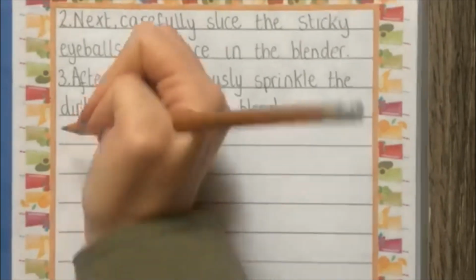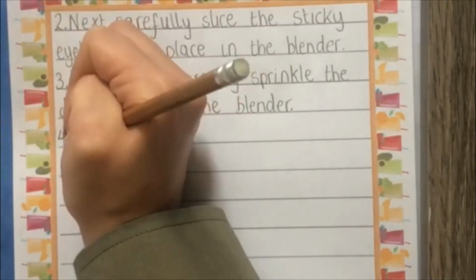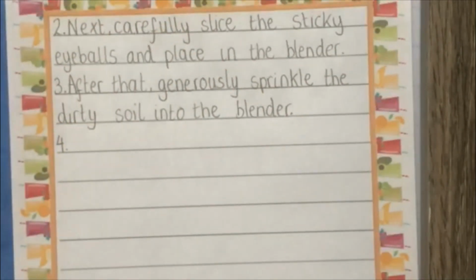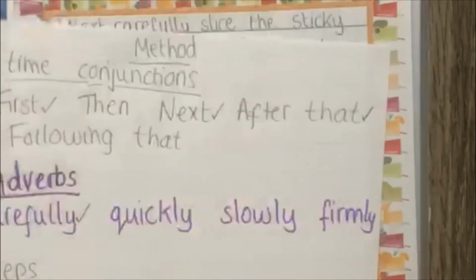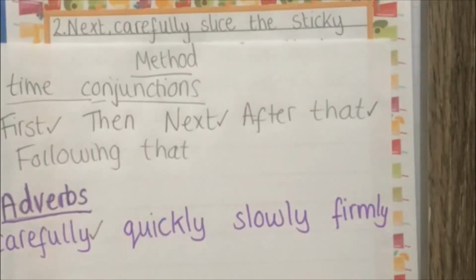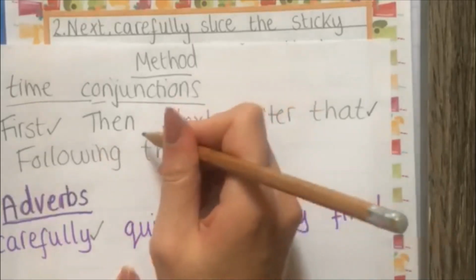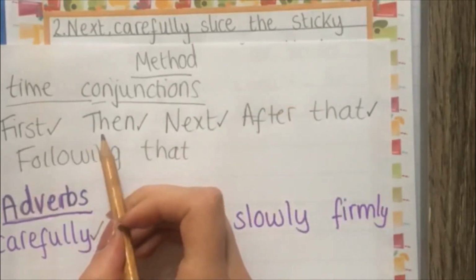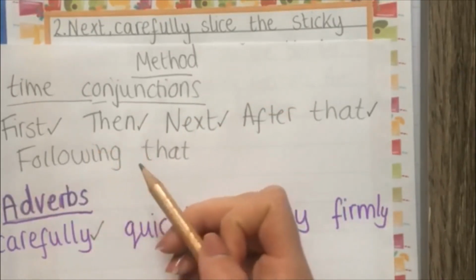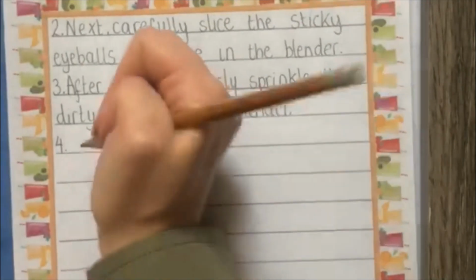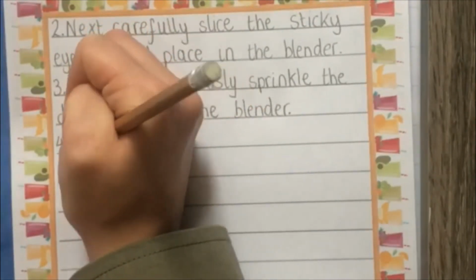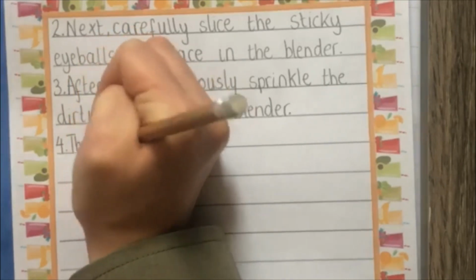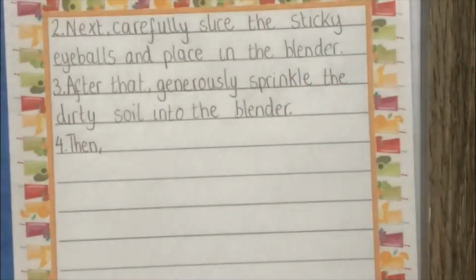Step number 4, which is our last step for today. I need to think, what time conjunction am I going to pick? Which ones do I have left? I'm going to pick then. Then has got my sound at the start. So I'm going to write that capital letter N. Then what should I do next?